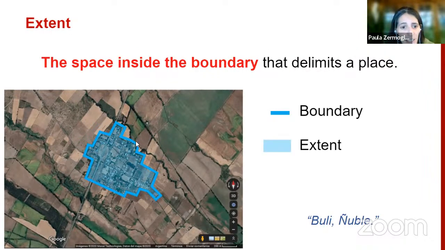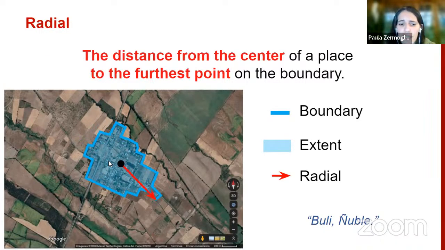And the extent of this location is the space inside that boundary. So we have the boundary and the extent, that is an area. And also we will define a radial. The radial is the distance from the center of a place to the furthest point on the boundary, on the limit.